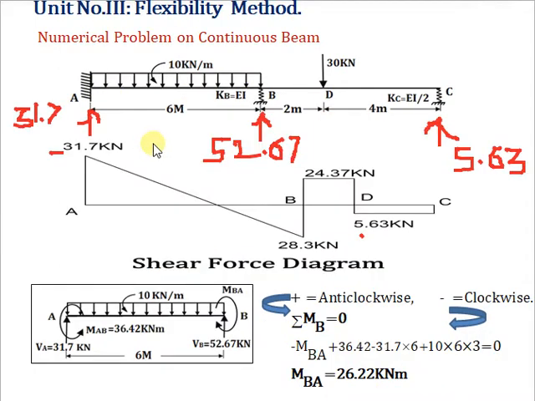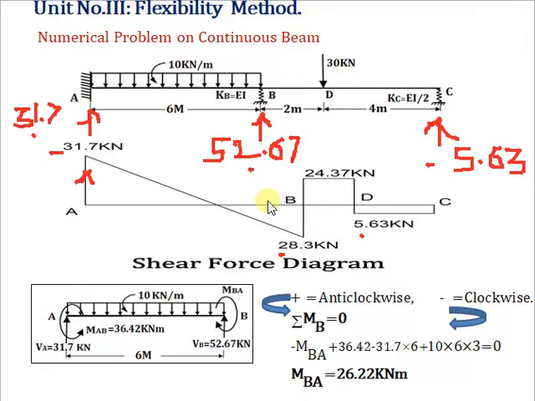Shear force calculation. Shear force at A is 31.7 kilonewton, at B 52.67 and at C 5.63 kilonewton. Now this 31.7 is acting up, so 31.7 minus 10 into 6 becomes minus 28.3 kilonewton.